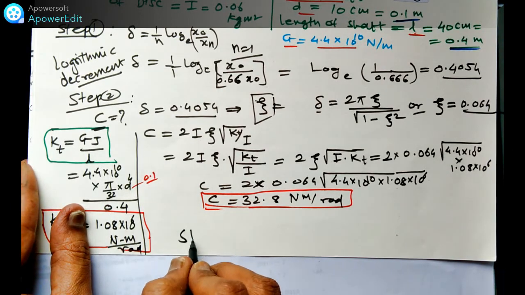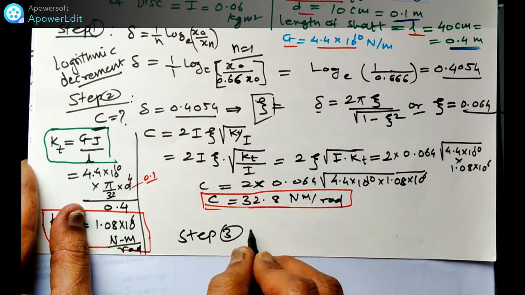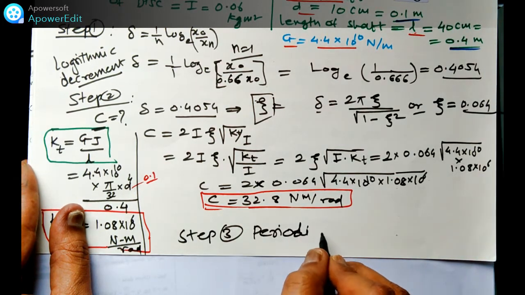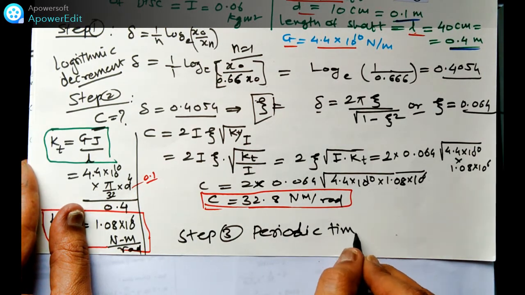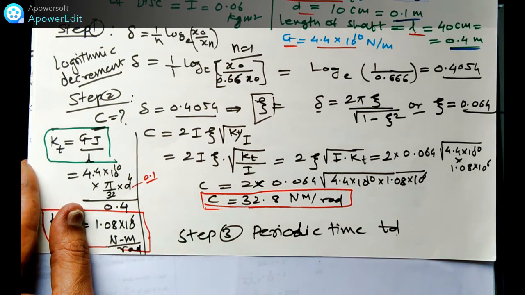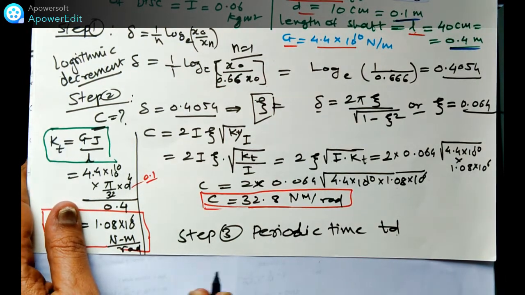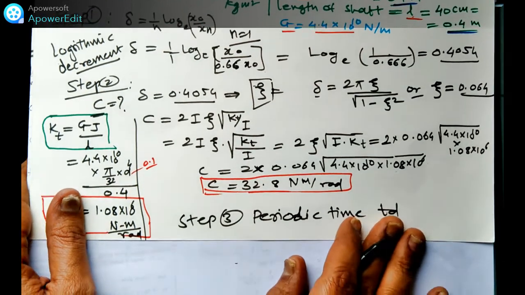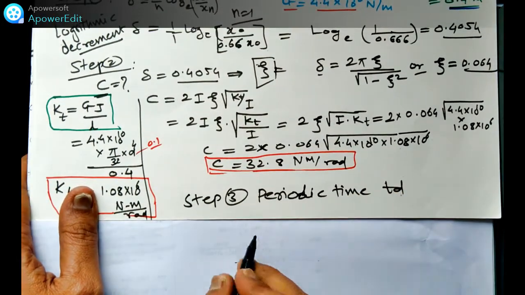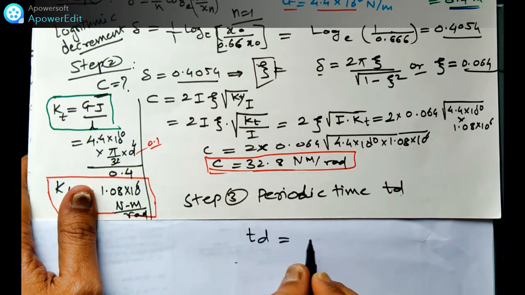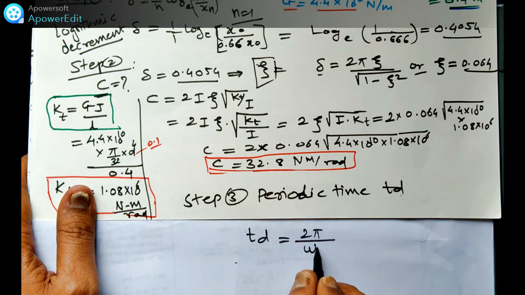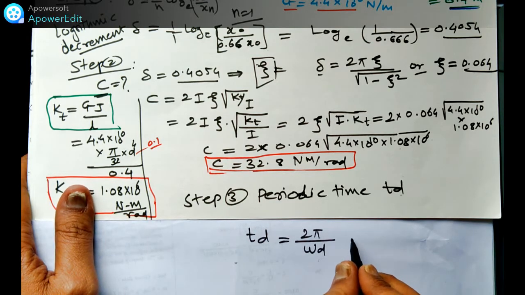The third step. Here we have to find out the periodic time, that is TD. How can we find out TD? We can find out TD by using this formula. TD is equal to 2 pi by omega D. But how to find out this omega D?